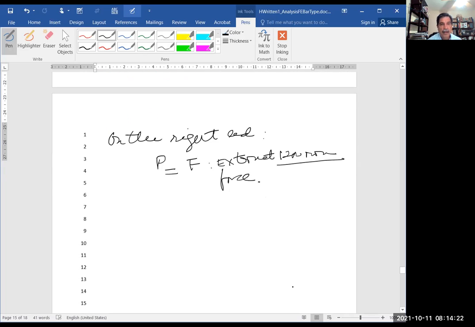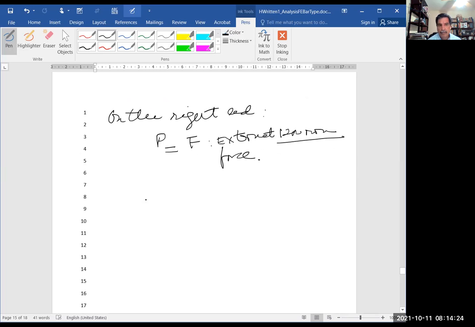Okay, so we can say that using 1 bar finite element, the equilibrium will be what?